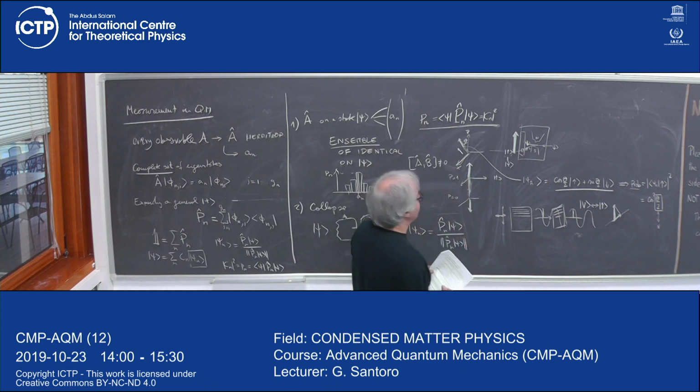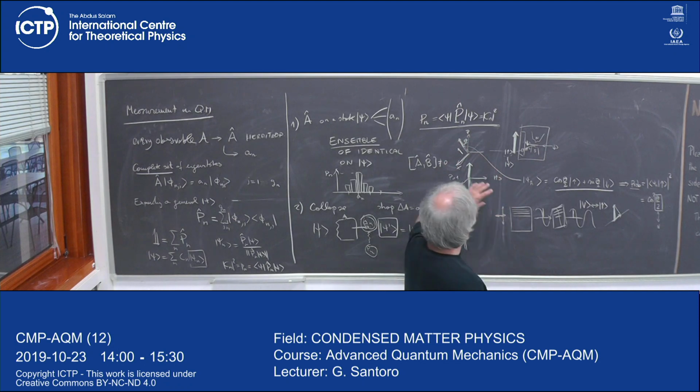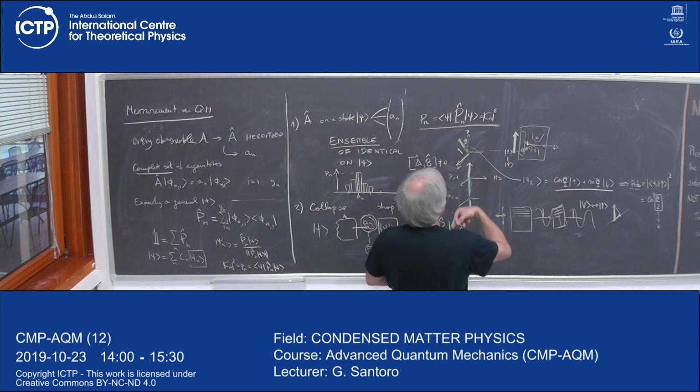And you can do several other things with this, as he was honestly suggesting. This is a way you can prepare spin along x. If I want to prepare the spin along, say, the x-axis, all I need to do is first prepare spin up, and then send it to a second filter, which has the axis along the x direction.